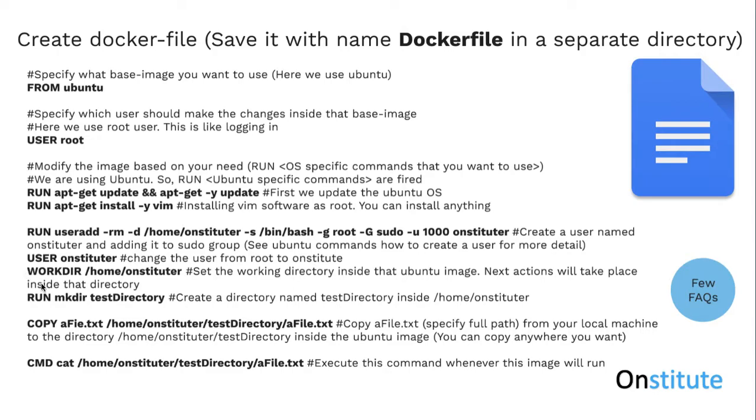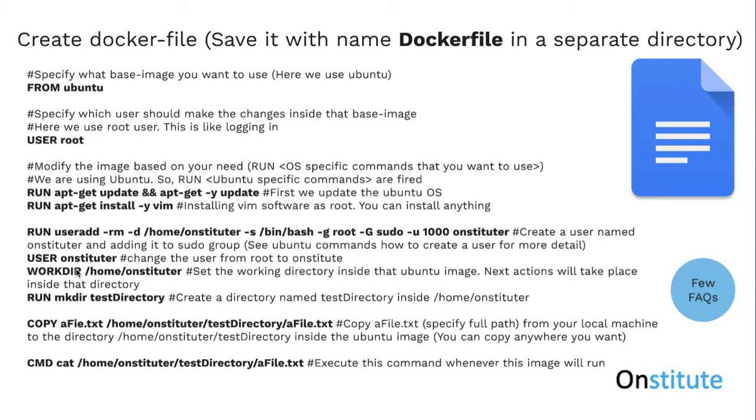The next command is WORKDIR. It specifies the working directory for the Docker image. Here I have specified the Docker working directory as /home/Onstitute, that is the home directory of the Onstitute user.